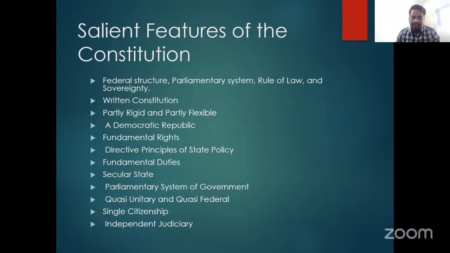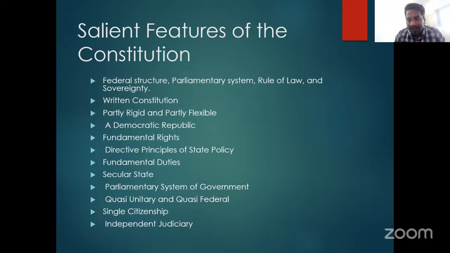Next, that is democratic and republic. Whereas coming to fundamental rights, the basic principle of the Constitution of India is that each and every one enjoys rights. So the Constituent Assembly mainly focused on fundamental rights.